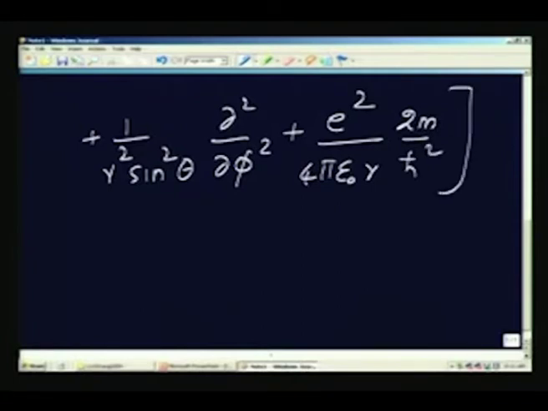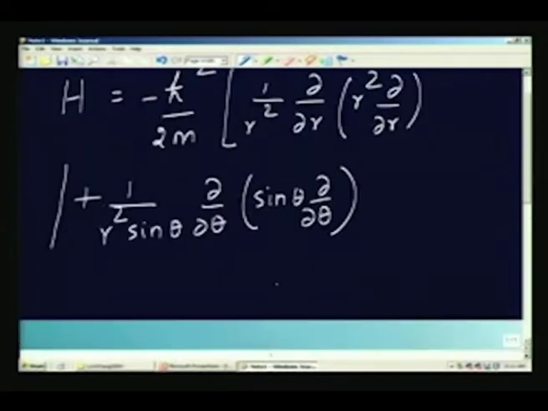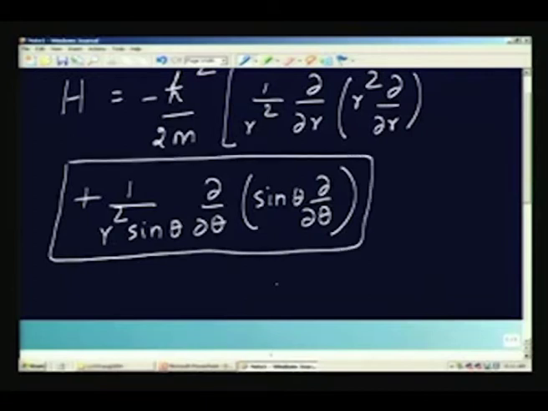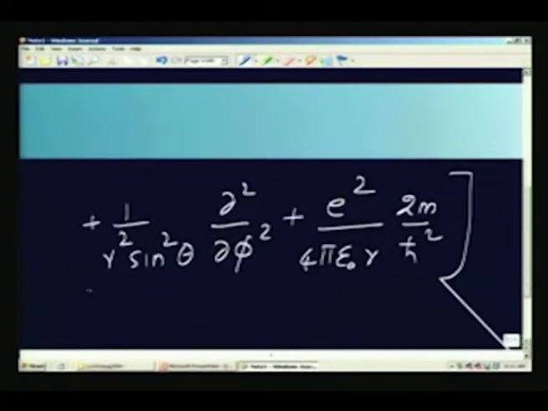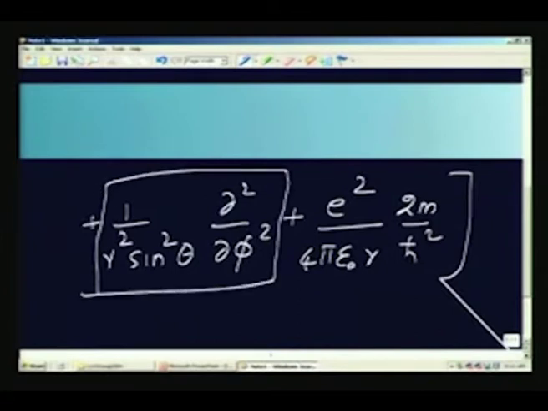This is the Hamiltonian, and if you look at the Hamiltonian, the angular parts are given by the ones that I draw with the box: the 1 by r square sin theta dou by dou theta sin theta dou by dou theta, and the 1 by r square sin square theta dou square by dou phi square. These are the terms which are solved by separating the Schrodinger equation into the radial part and the angular part.